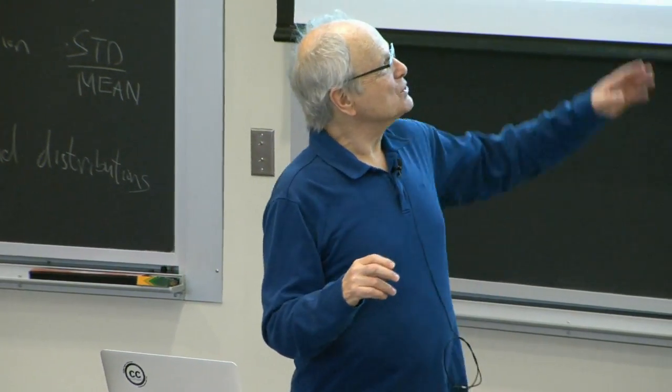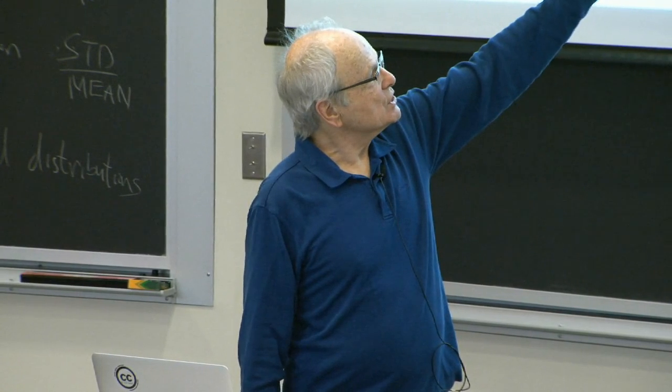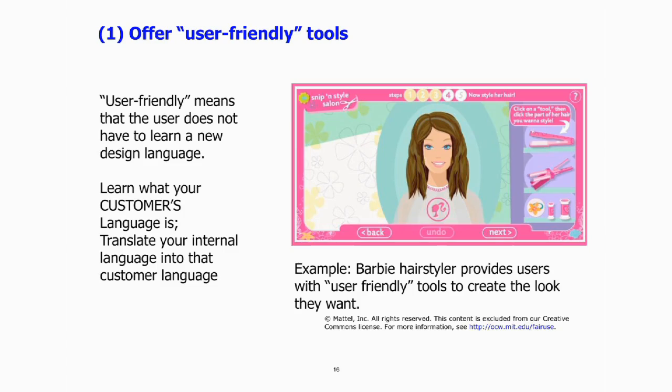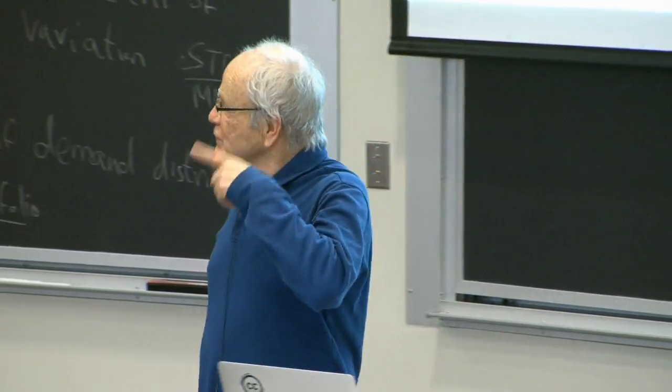But anyway, the idea of that toolkit is that over here you have a virtual comb and a virtual brush, and you can change the colors. So all the variables that are in a hairstyle are under your control. And the tools are things that you're familiar with, like a comb and a brush and scissors. And so then you put your face into that thing, and then you can design a hairstyle.